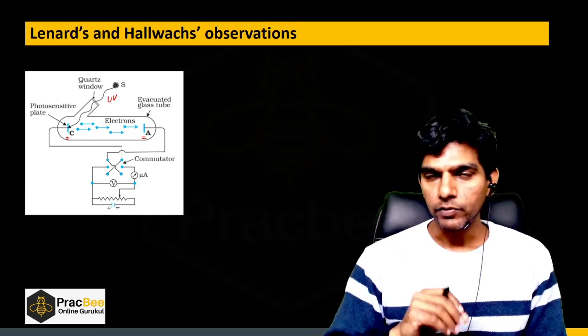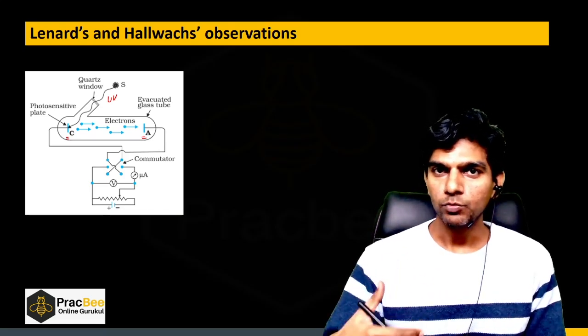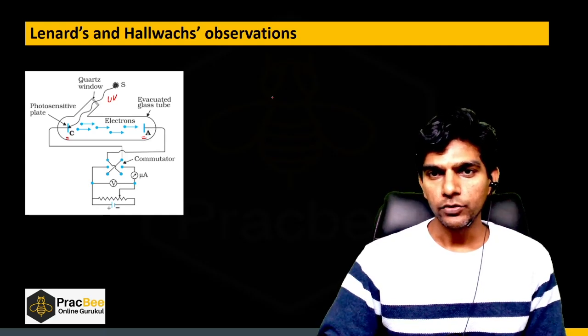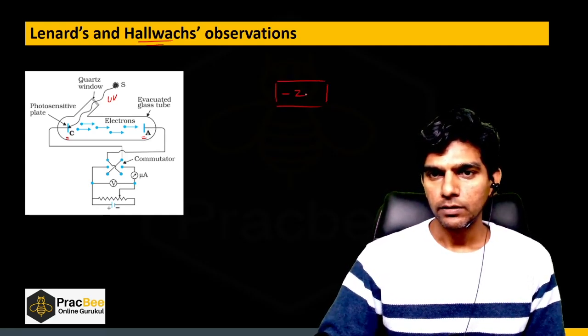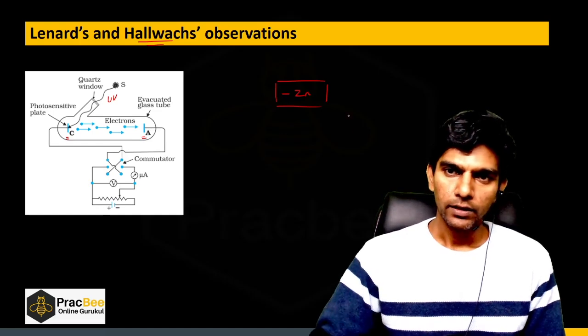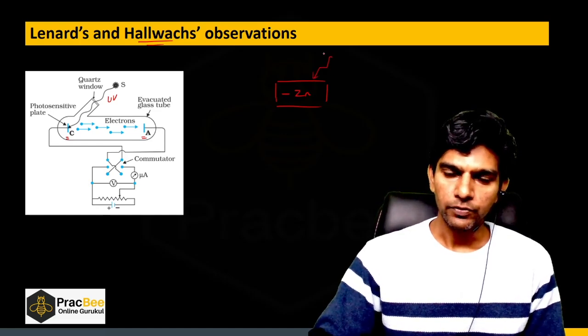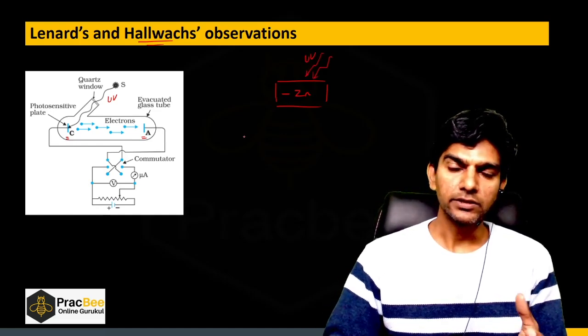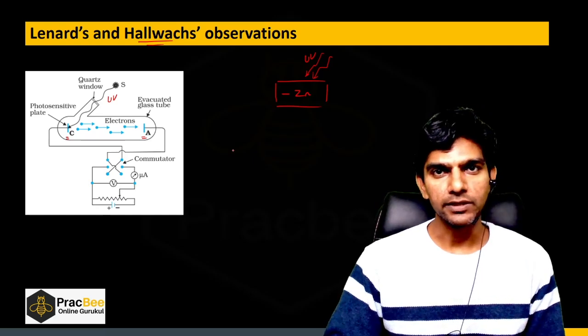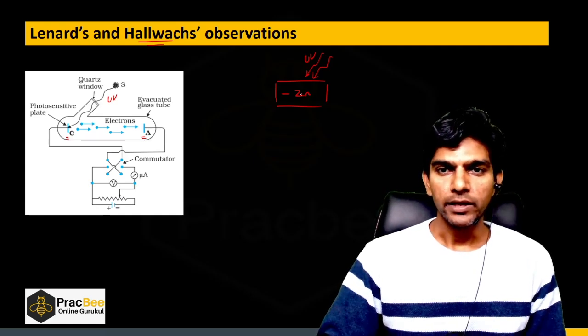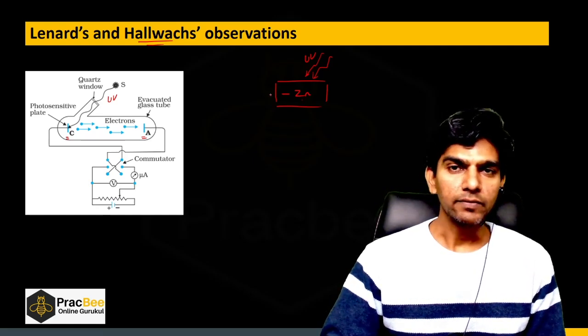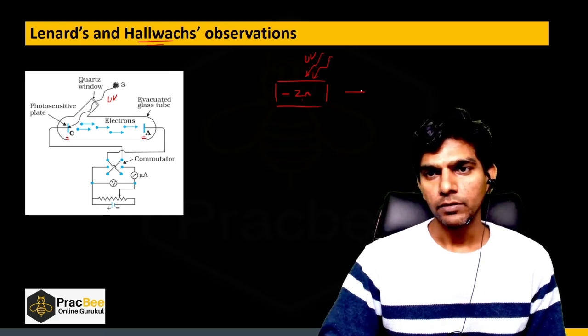Then Hallwachs did further experimentation, and he used a negatively charged zinc plate. He incident UV rays on this negatively charged zinc plate, and found that after some time it becomes neutral.